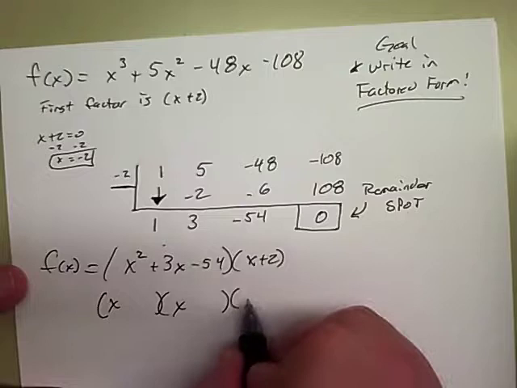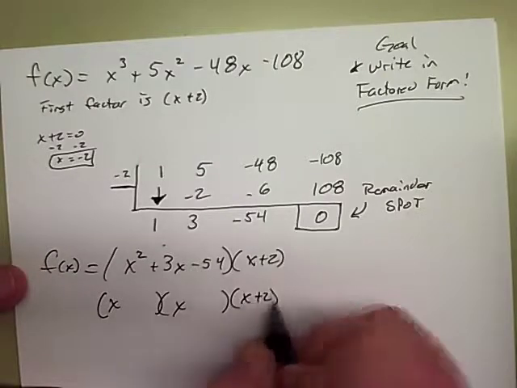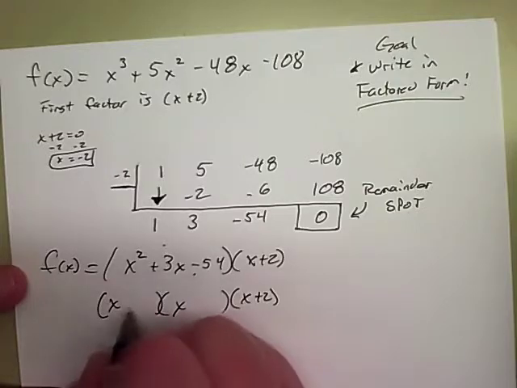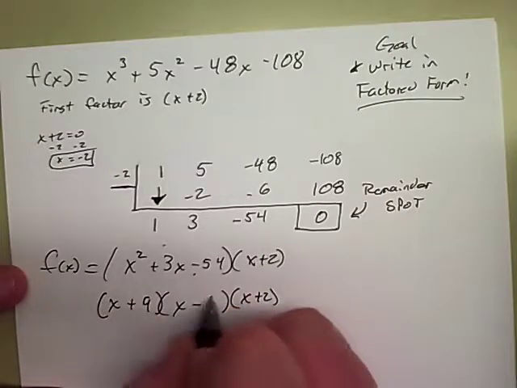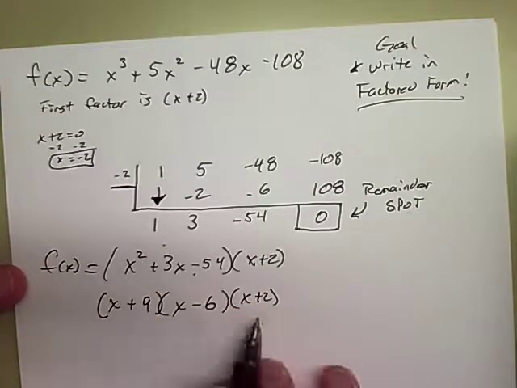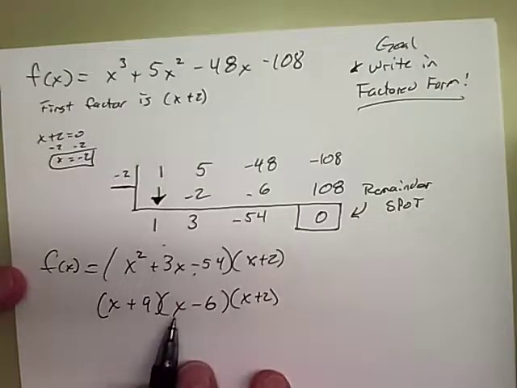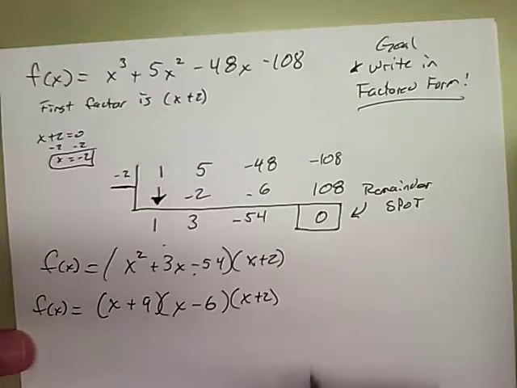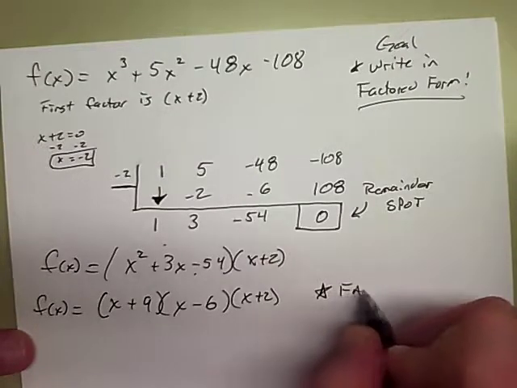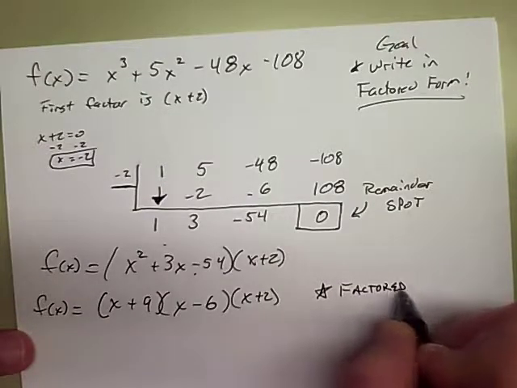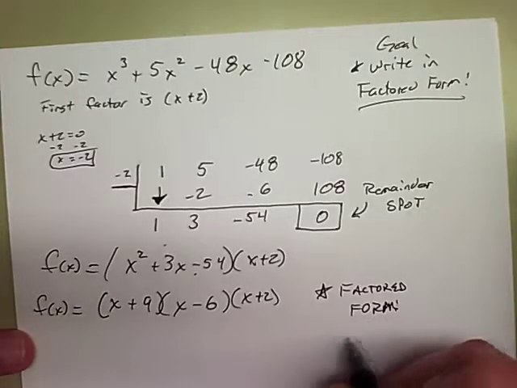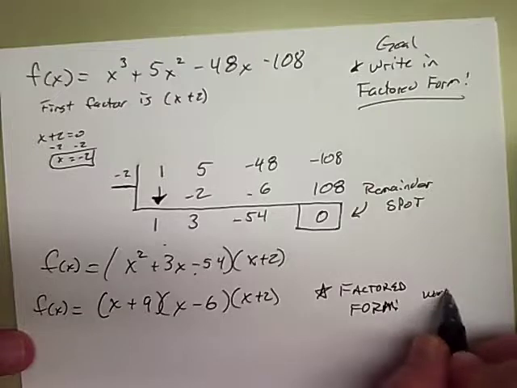And the factors of 54 that subtract to 3 are going to be 9 and 6. So I get plus 9 and minus 6. So when you get really good at factoring, from here to here, this is going to be really, really simple. And now, I'm in factored form. Ta-da! Factored form. Exclamation point. And maybe go a little woo.